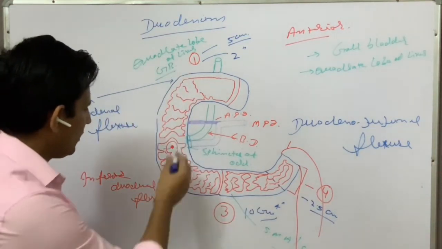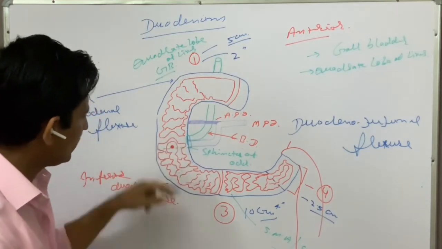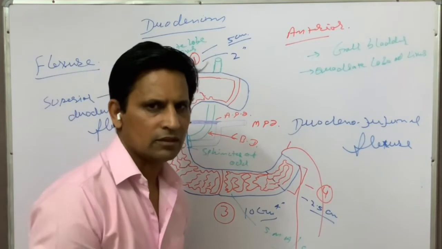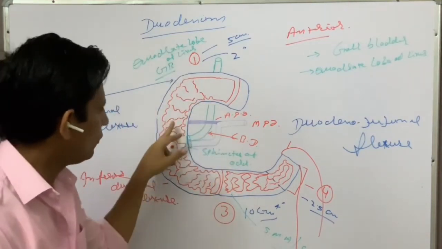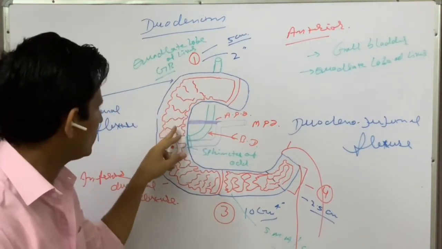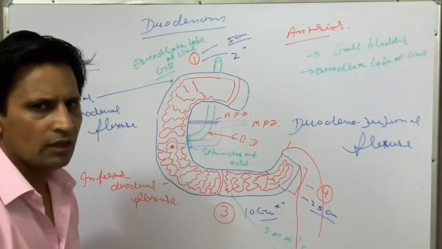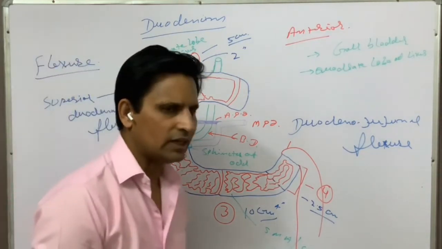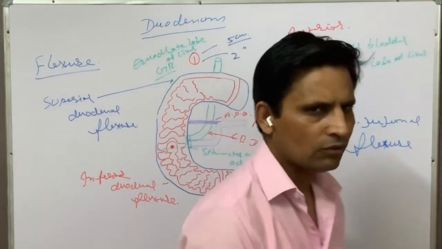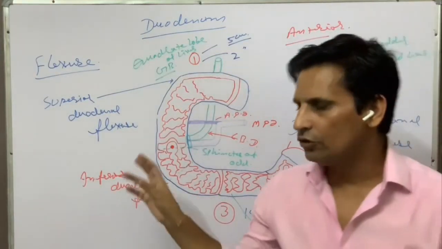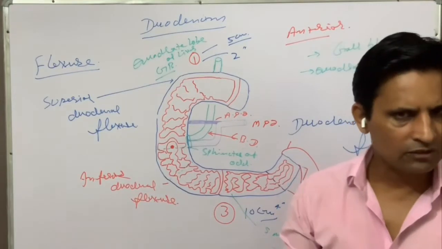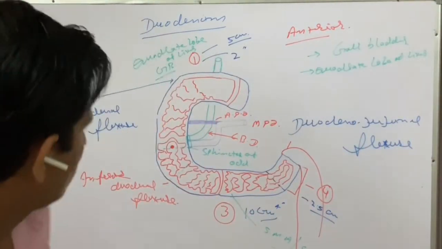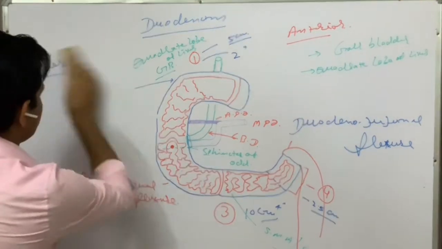In the second part, just above this sphincter of Oddi, there are some specific glands situated in the submucosal area of the wall of the duodenum. They are very specific, as they are found only in the wall of the duodenum, and they are known as Brunner's glands.